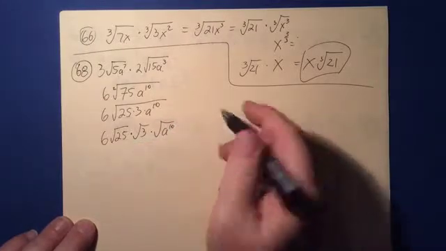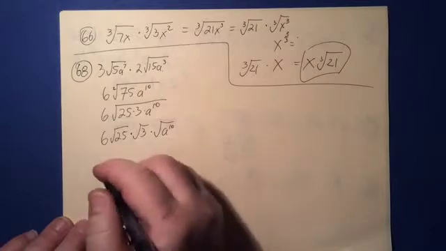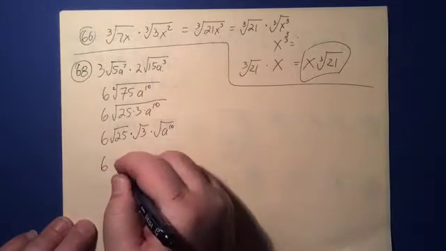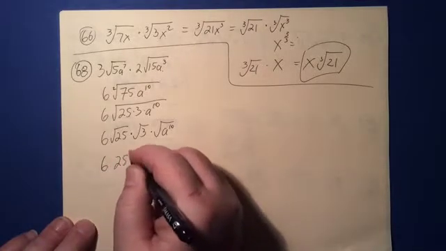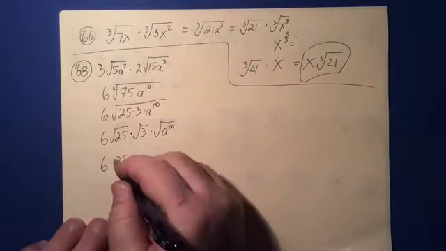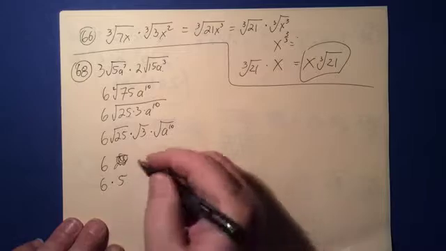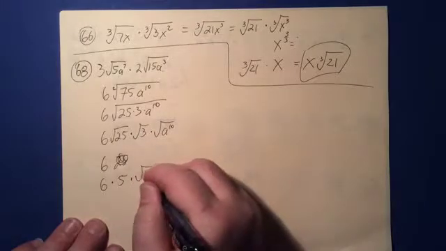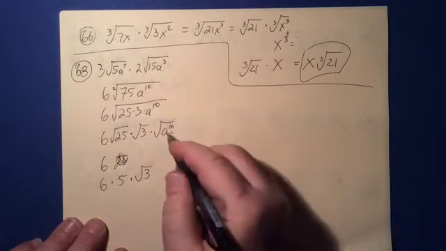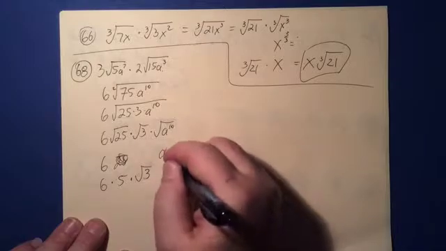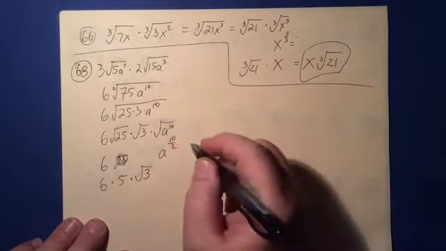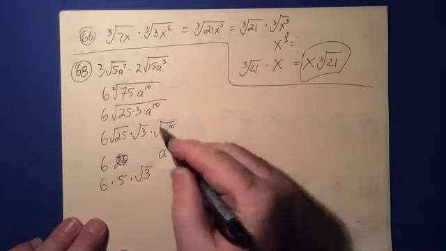And now I'm going to write this all in rational exponential form. 6 times the square root of 25, which is going to be 5, times the square root of 3, which I can't do anything with. And then I can take a and write this as 10 over 2, because the exponent is 10, the root is 2.